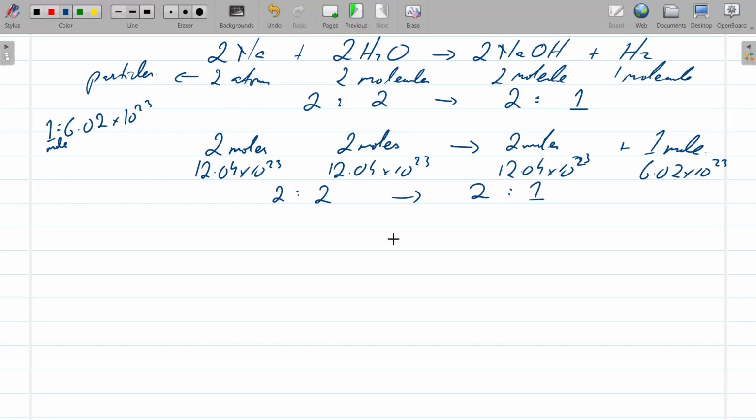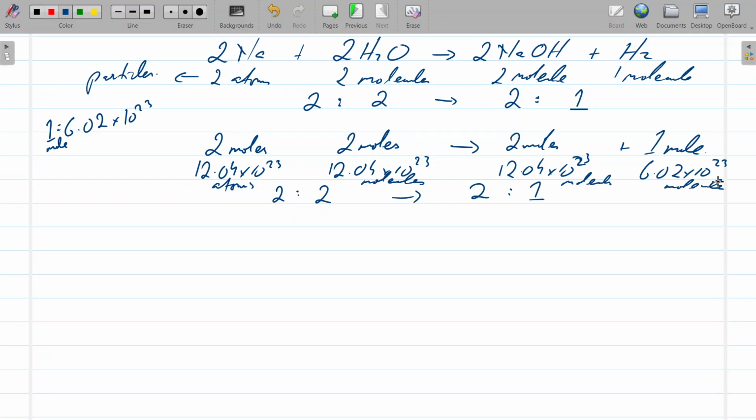So is that any different? It's the same thing that's happening. It's just that instead of looking at the simplest ratio, which is just 2 atoms reacting with 2 molecules, you have a huge number of atoms reacting with a similarly huge number of molecules.